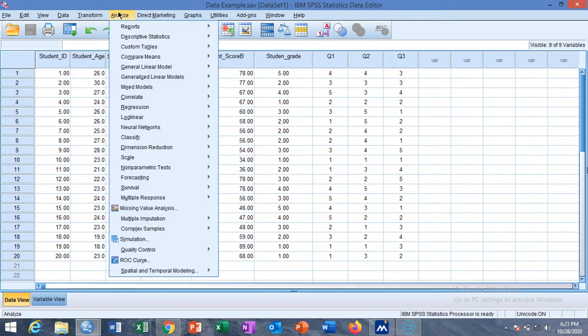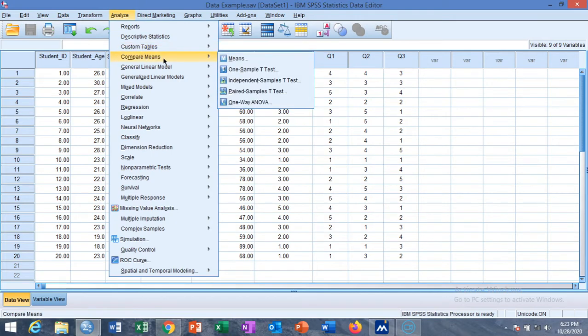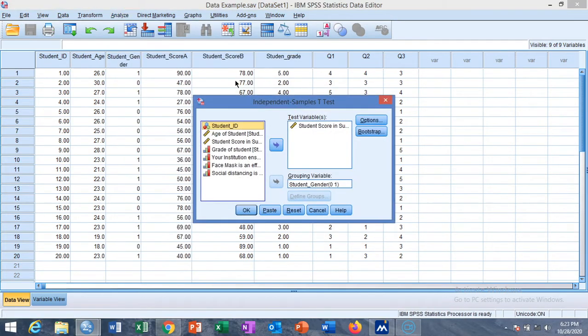So we again go to the option of analysis, then compare means, and then conduct the independent sample t-test, as the two samples are taken from two populations, and the two samples are independently selected.